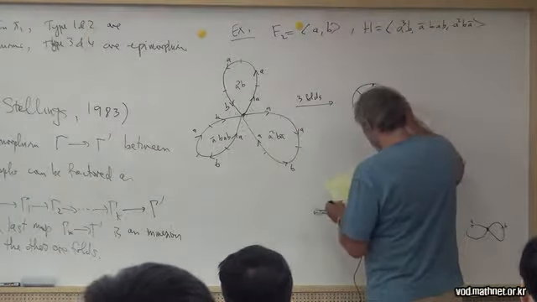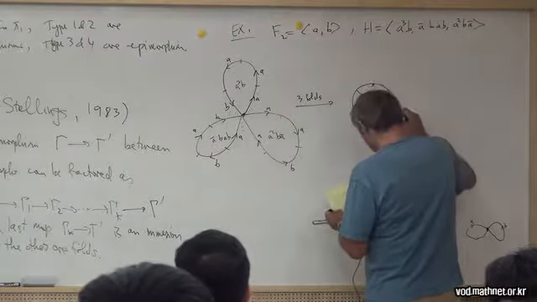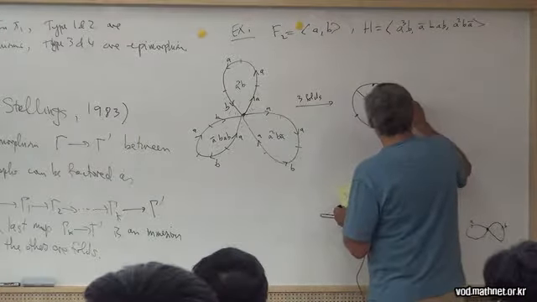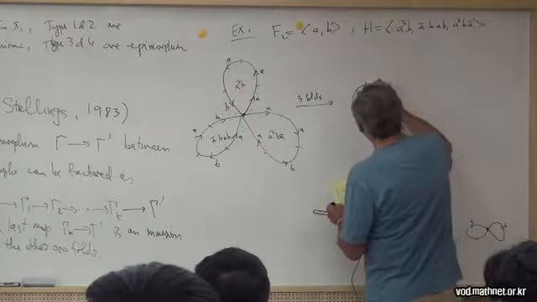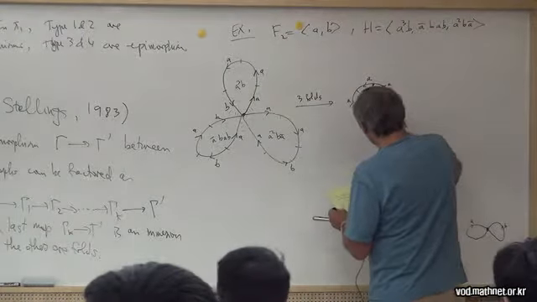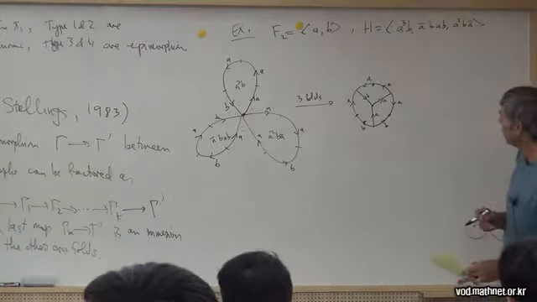This is A, this is B, this is also A. There's a B here, A, this is A, the B. Okay, you should make sure I'm doing this right.